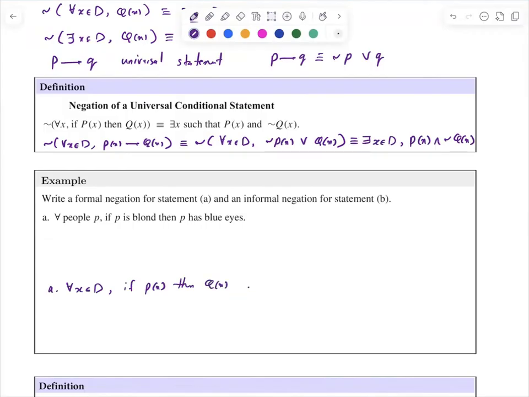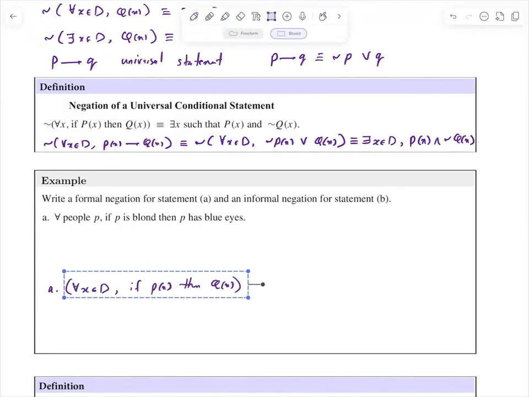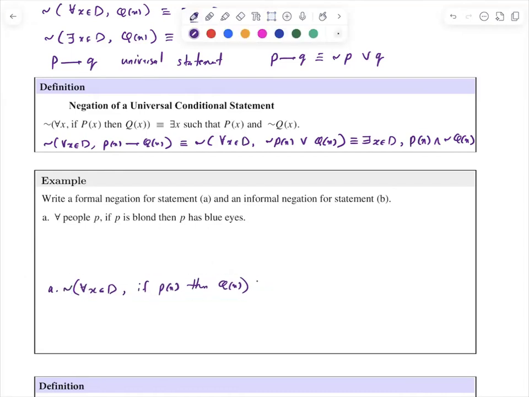Its negation, as we saw before, is going to be there are some x in domain D such that, so pay attention everybody, this is the negation: P(x) and not Q(x).